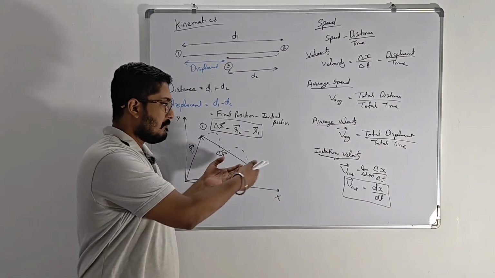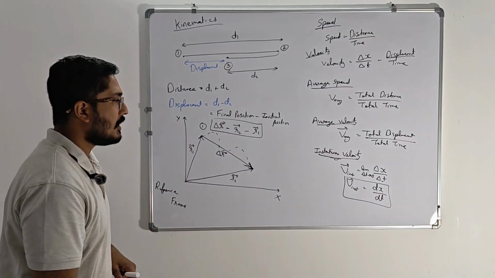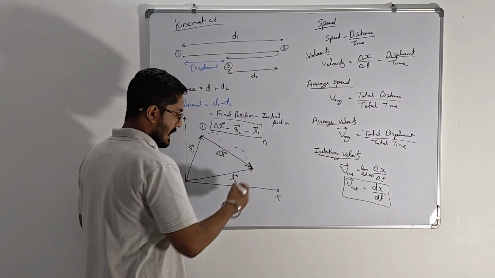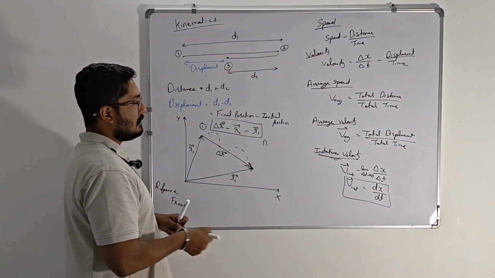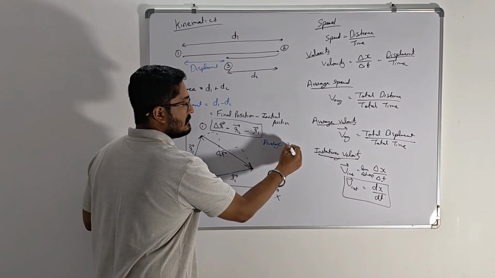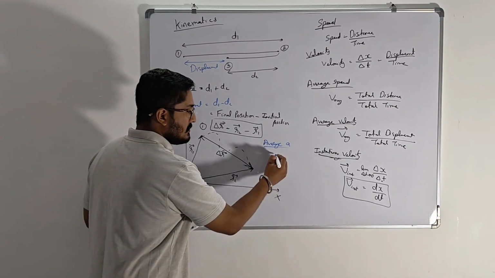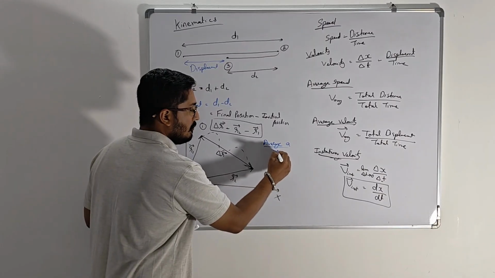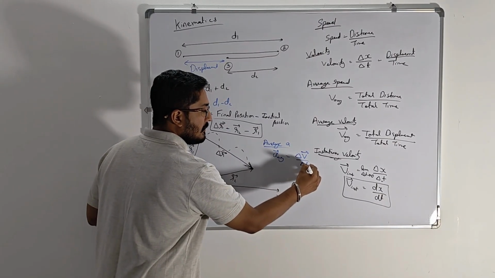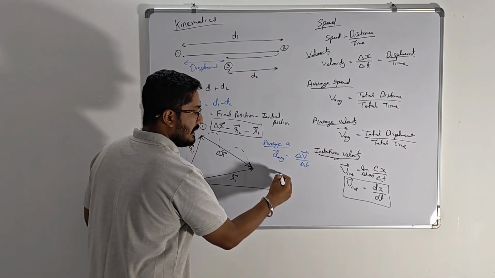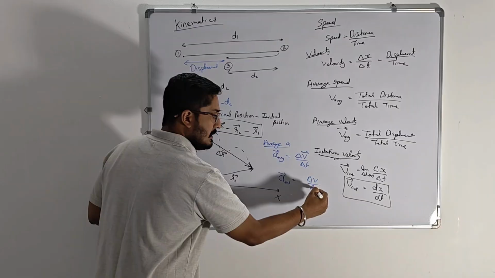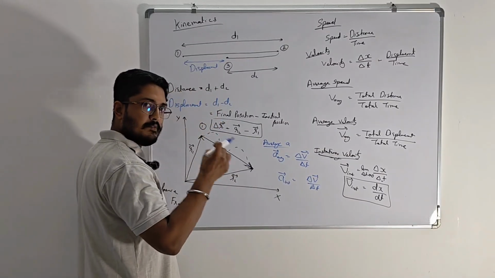Same way, in the same figure, I am having a little bit of space. Can I also talk about acceleration? What is average acceleration? A average would be equal to delta V by delta T. But the same thing if I talk about instantaneous, then shouldn't I say delta V by delta T, but for a specific instant?